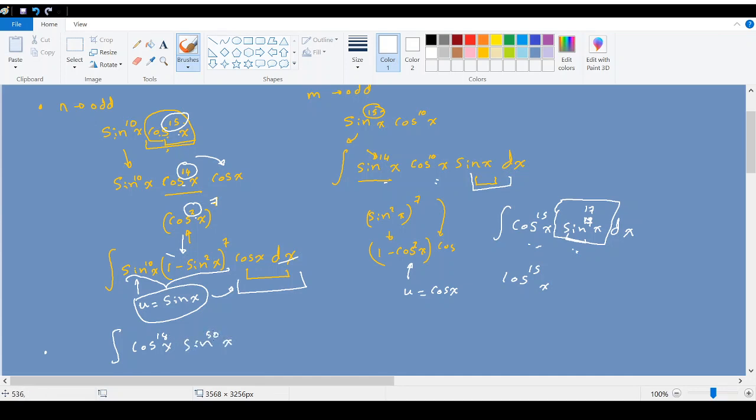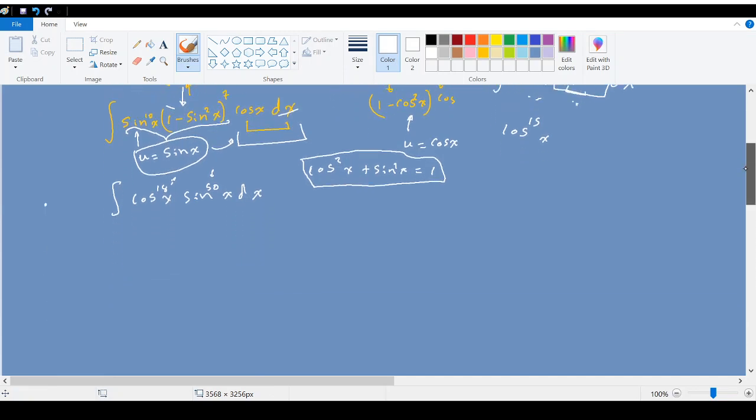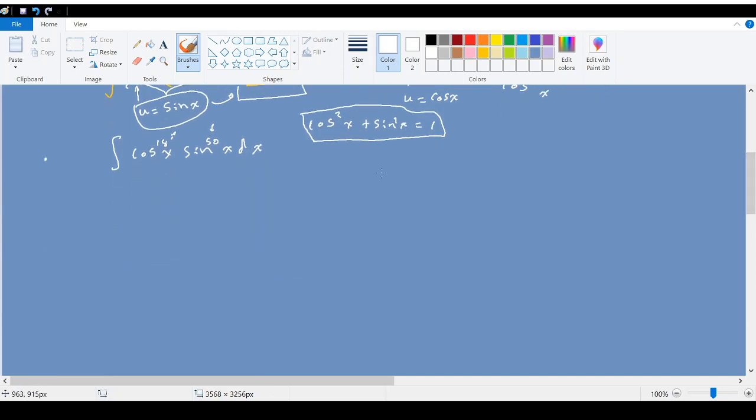If both have even powers, then we will not be able to use the trigonometric identity of sine squared x plus cos squared x is equal to 1. In that case, we should use the half angle formula or the double angle formula.